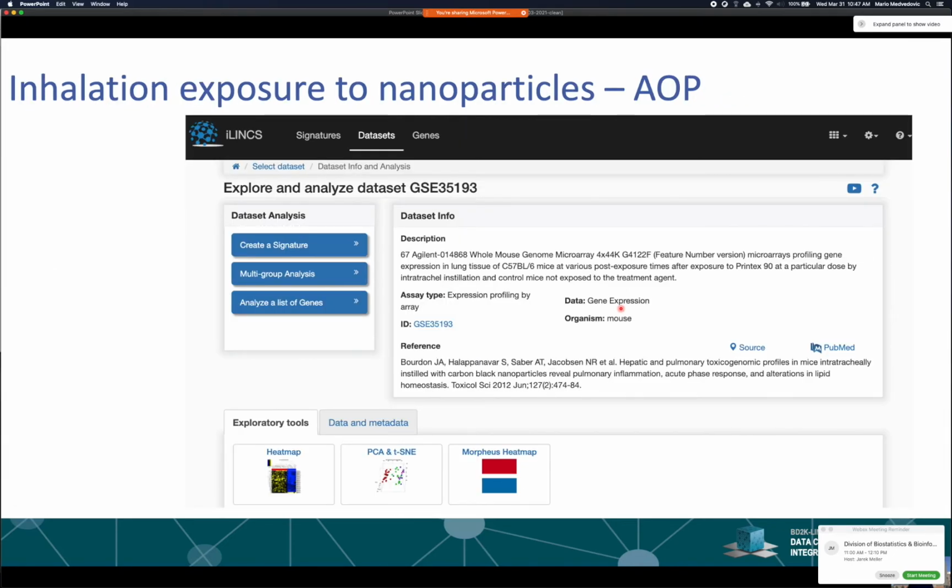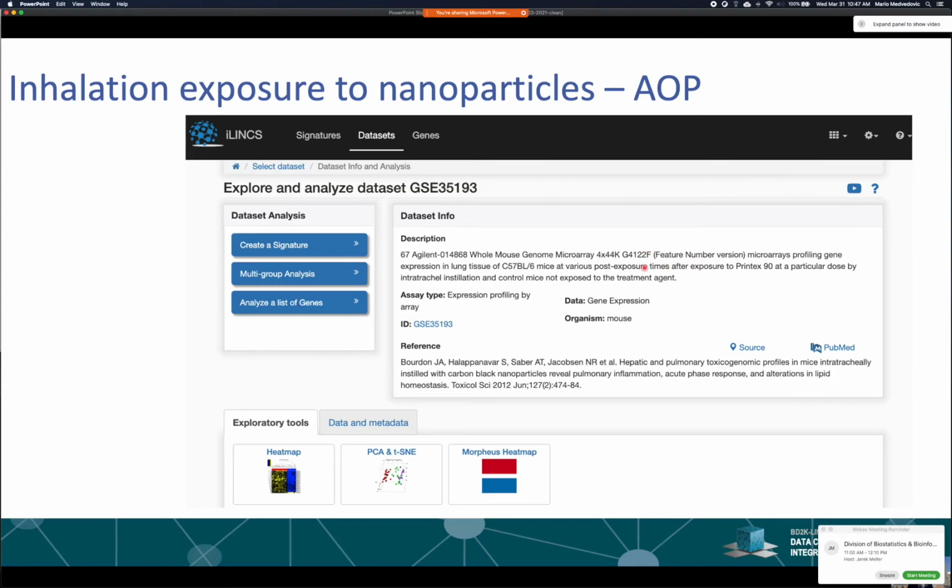And now, an application: how we would perhaps use one of the data sets that's already there, pre-processed for you, for assessment of adverse outcome pathways for Printex 90.